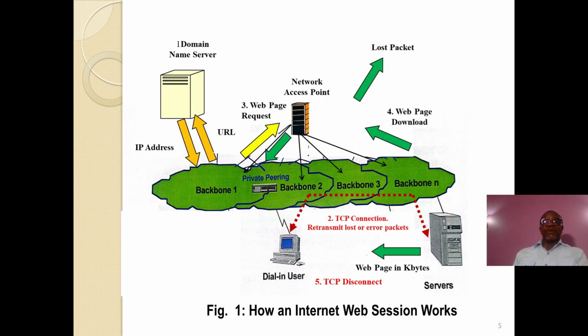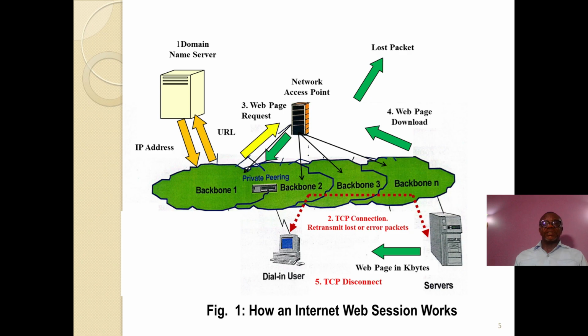Now, if for instance, in our demonstration here, what the dialing user is looking for is not in backbone 2, then when the address is returned, it will follow the yellow arrow and go to the network access point, through which the network access point will send that request to other backbones to look up what the dialing user is looking for.